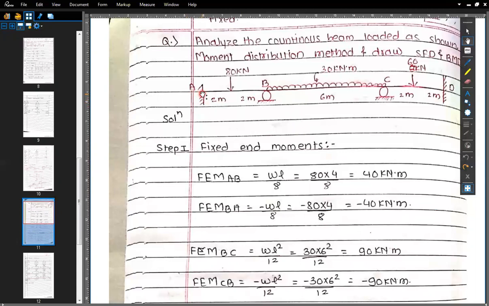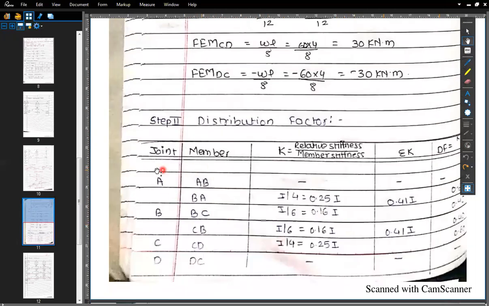For joint A, there is only one member, AB. For joint B, there are two members, BA and BC. Similarly for joint C, there are two members meeting at the C joint, that is CB and CD. And for joint D, there is only one member, that is DC. So according to that we are going to write the joint column and member column.